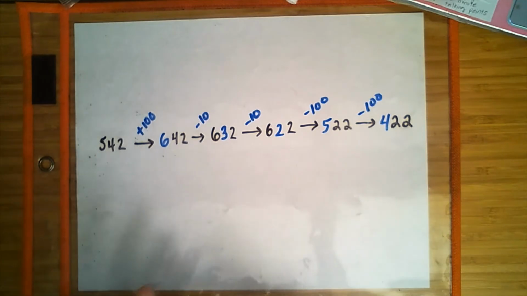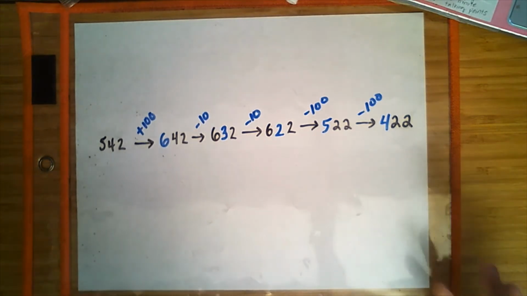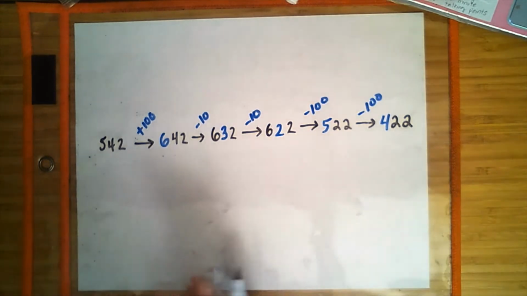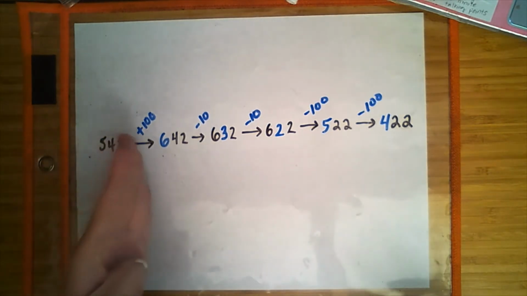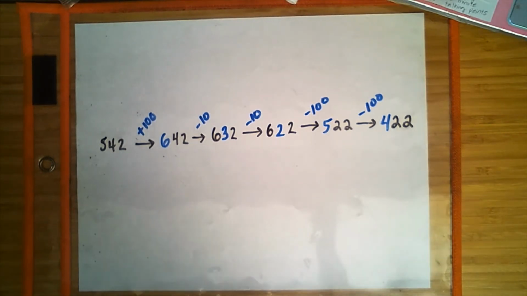And then we will talk about it together as a team. Welcome back, friends. So instead of ones and tens, this is tens and hundreds. It's just different place values. Everything else is the same. It shows that you're changing the tens or the hundreds place, and whether it's more or less.